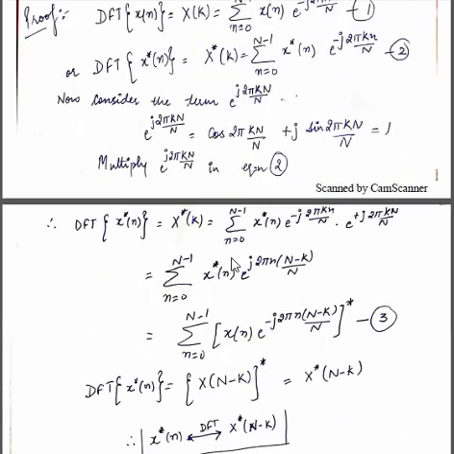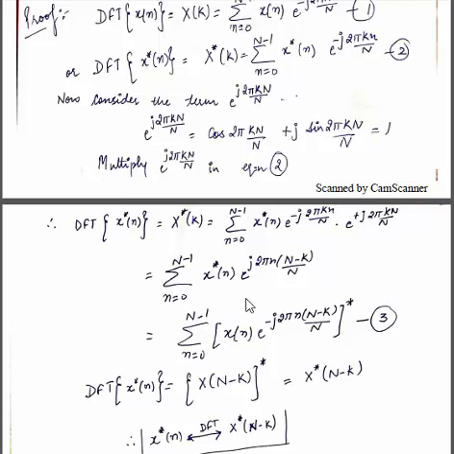Now we have to take the conjugate as common, and by taking the conjugate as common, this imaginary term turns from positive to negative. Therefore it is equal to summation n tends to 0 to N minus 1 x of n e raised to power minus j 2 pi n minus k by N, whole conjugate. That is equation number 3.